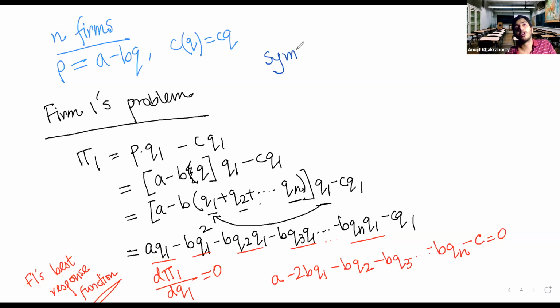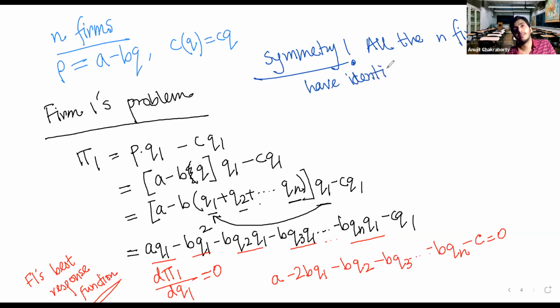Symmetry basically says all the n firms have identical marginal cost and face identical demand curve. Let's just say identical price. The price is the same for each one. So the cost is the same, the price is the same.